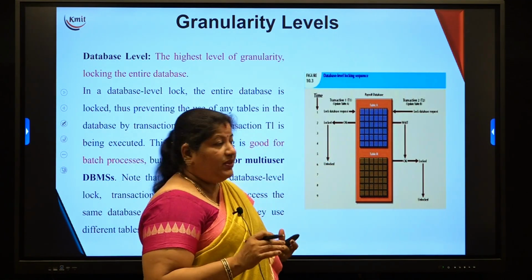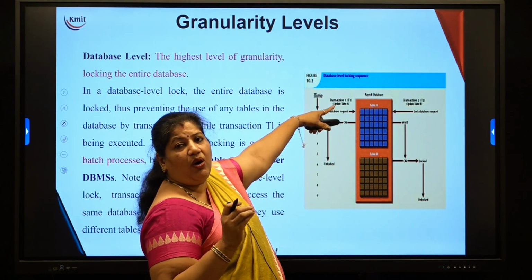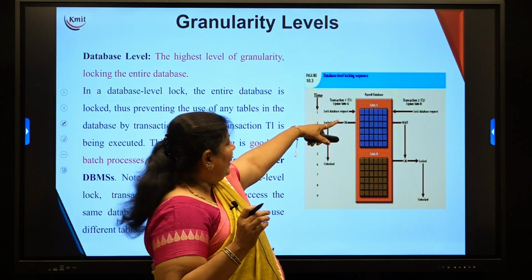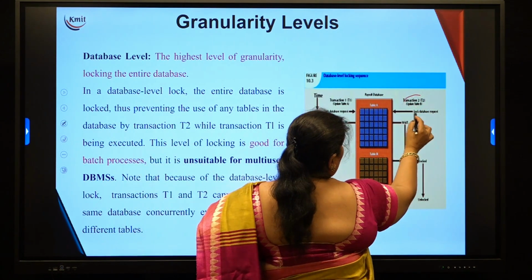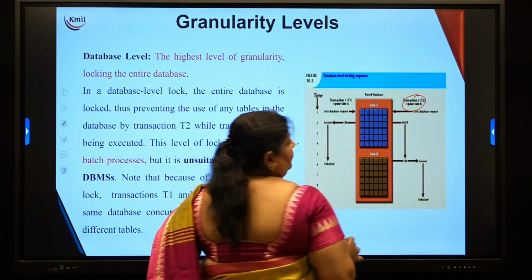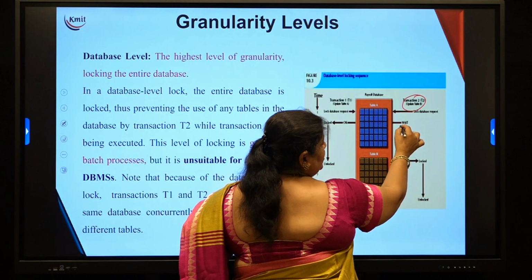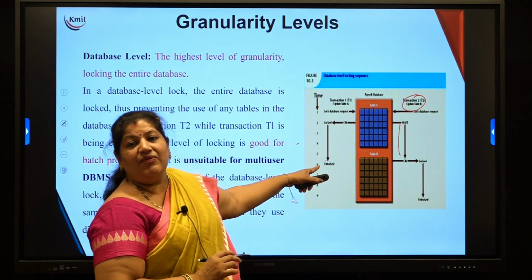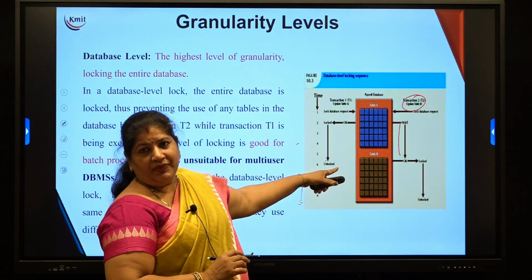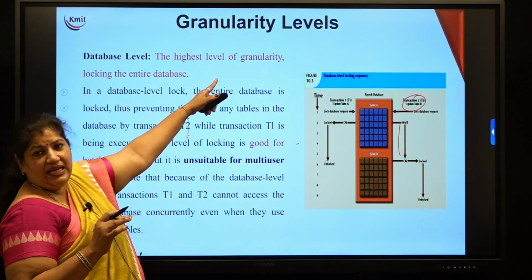In spite of that, once T1's lock request on the database is granted, transaction T2, even if it wants to access a different table, has to wait till T1 releases the lock. So, this kind of lock is the highest level of granularity.